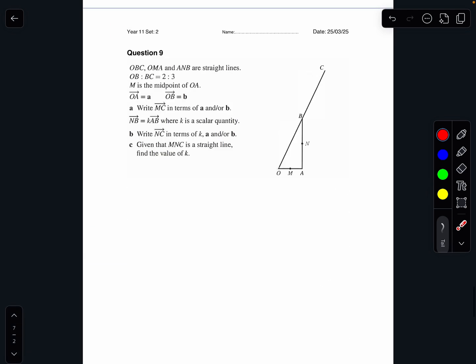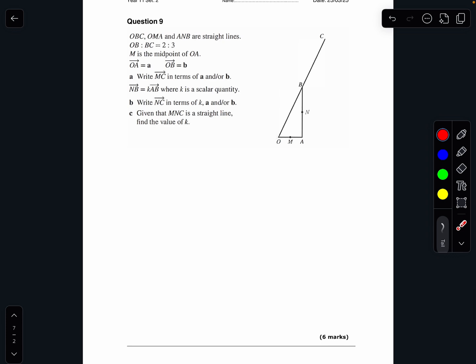Okay, right. Question 9. Let's have a look. OBC, OMA, and ANB are all straight lines. OB to BC is 2 to 3, so this part is 2, this part is 3. Great.